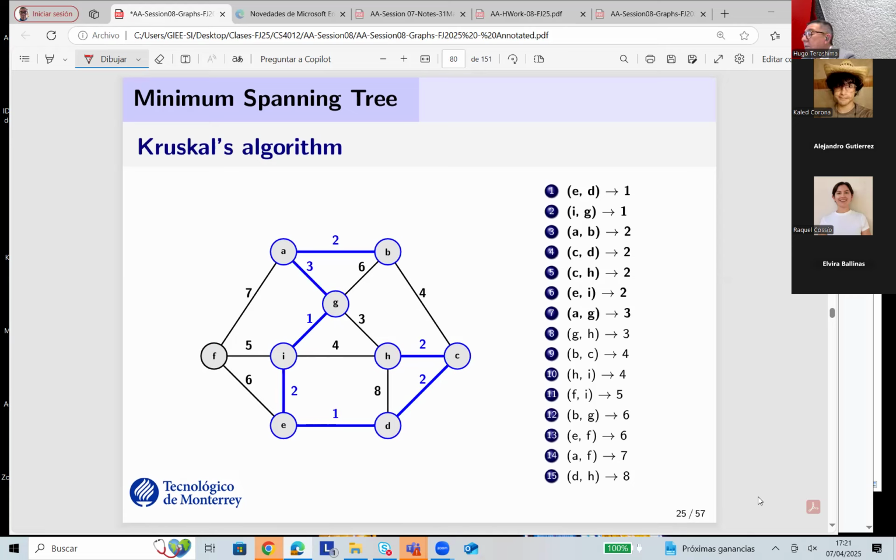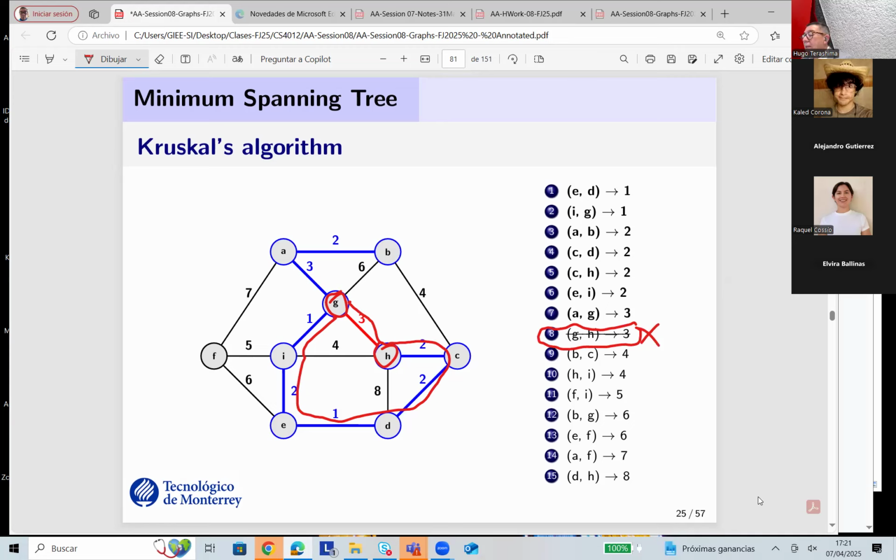No cycles. Right. GH. You see, GH is constructing this cycle, right? So that's the reason I cannot include it in the MST.